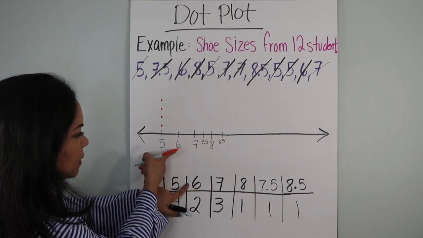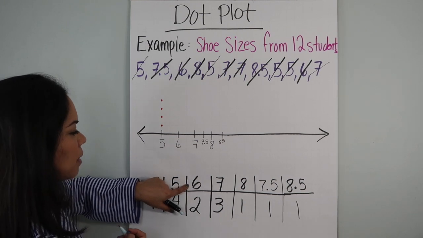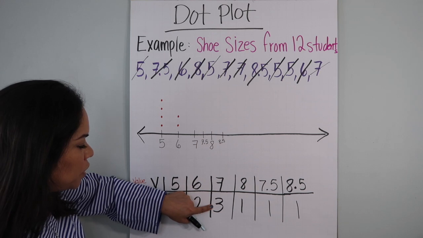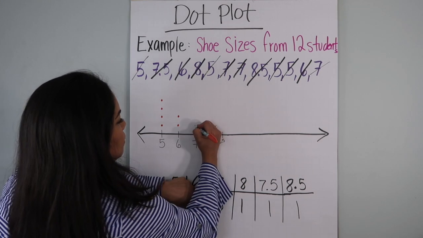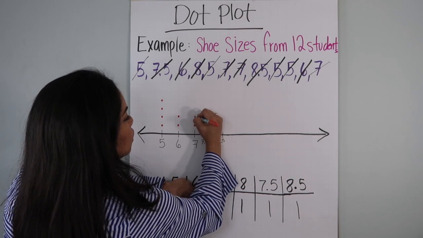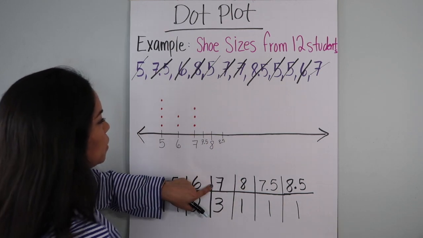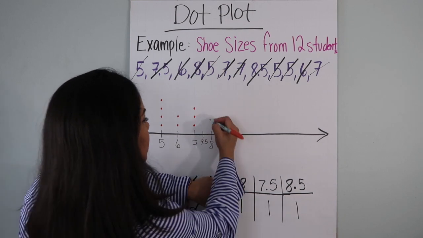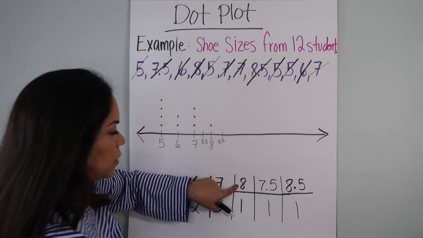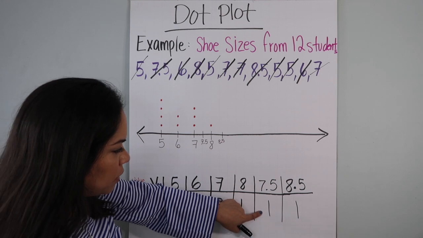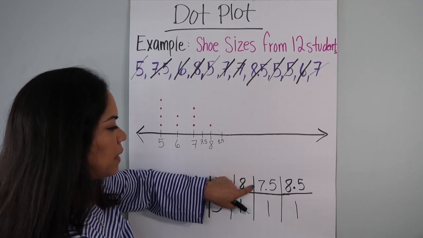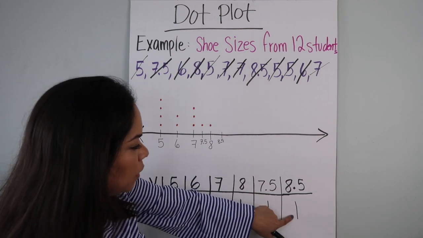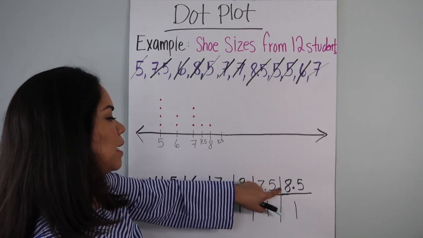For number 6, 2 students were size 6. 3 students were size 7. 1 student was size 8. Only 1 was size 8. 1 student size 7.5. And 1 student was size 8.5.